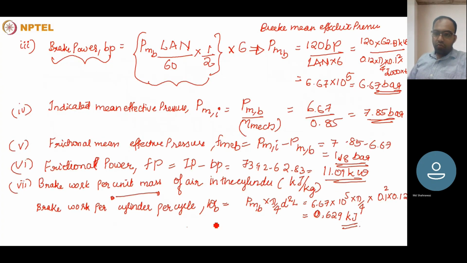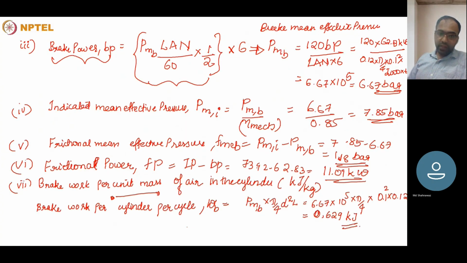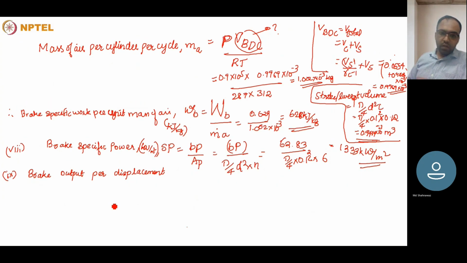We have calculated the stroke volume to be 0.9424 into 10 power minus 3 meter cube. So the unit of the brake output per displacement will be kilowatt per meter cube.